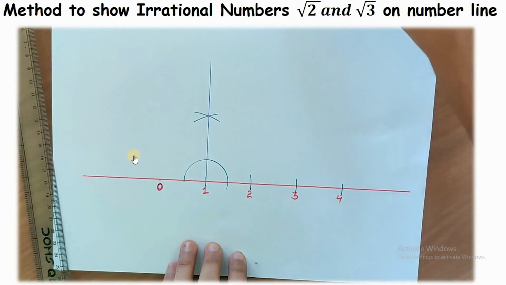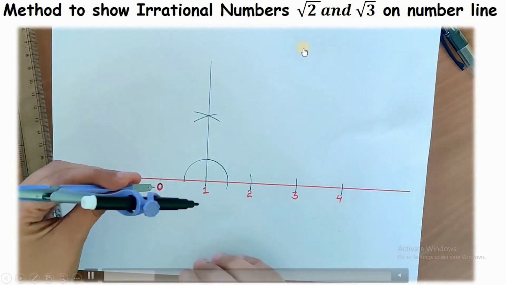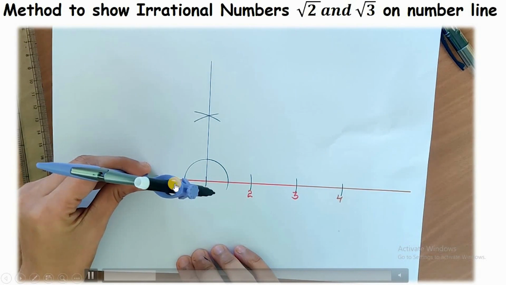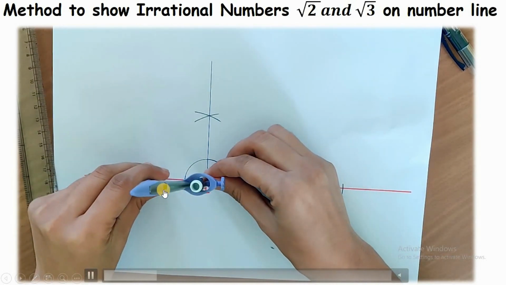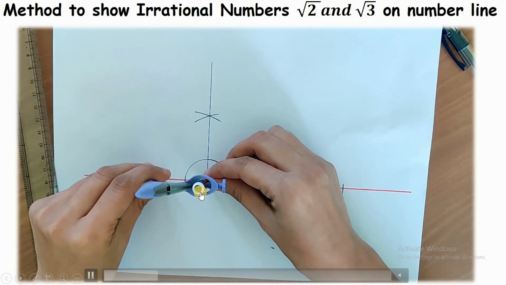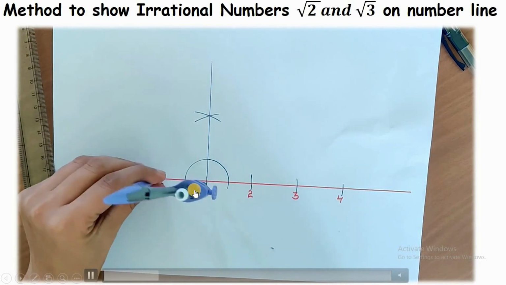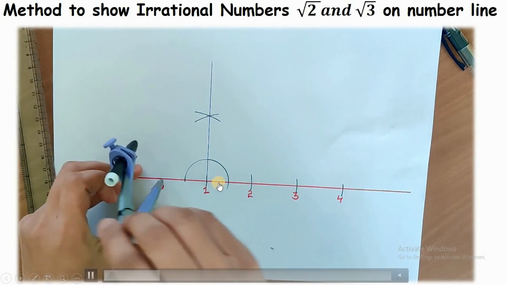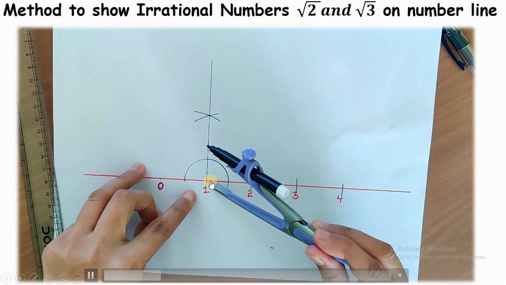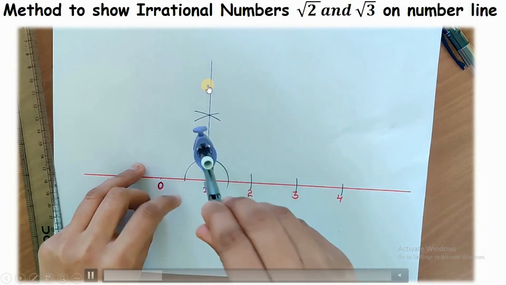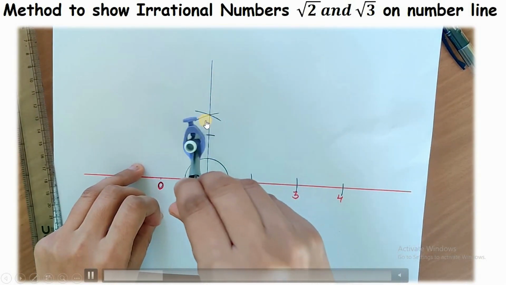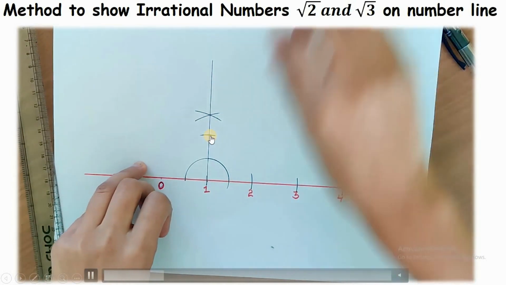Okay. Now to make root 2, what we do is measure the length of 0 and 1. 1 unit we take and mark 1 unit on the perpendicular line that we have drawn. Here it goes.